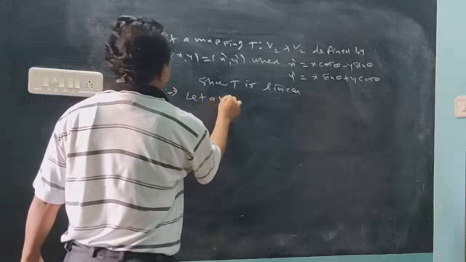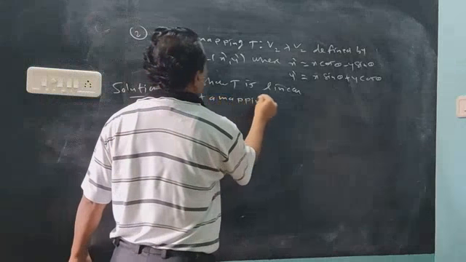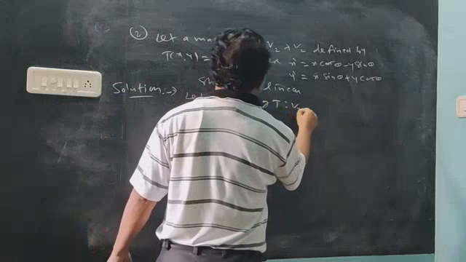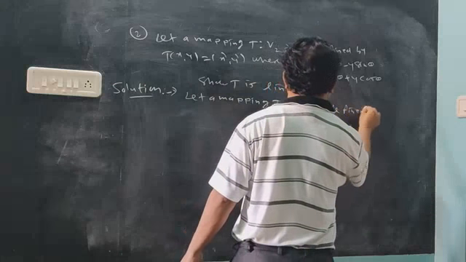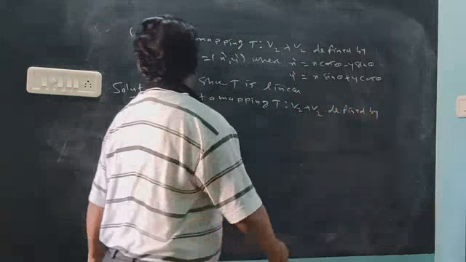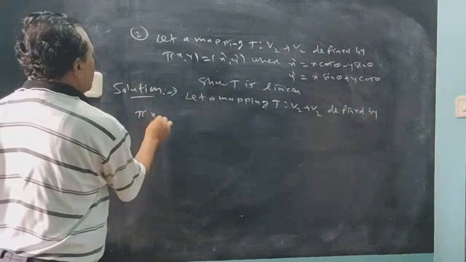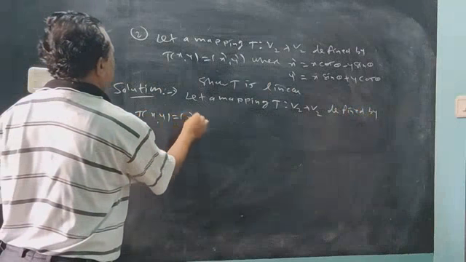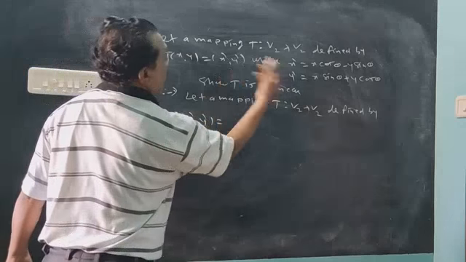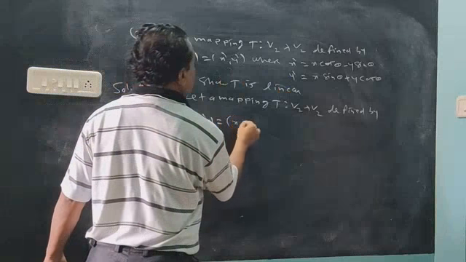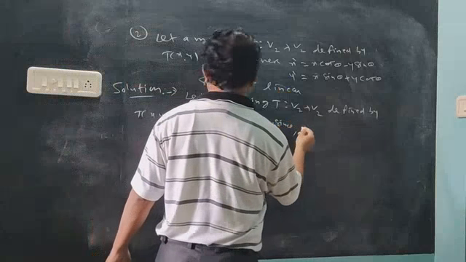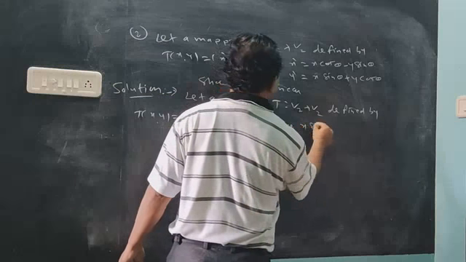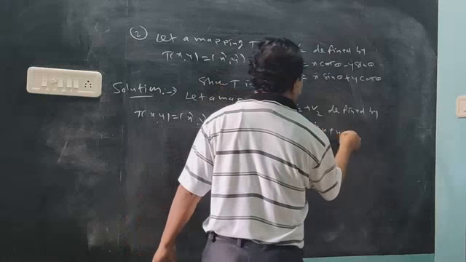So let a mapping T from V2 to V2 be defined in this manner. T of (x, y) is (x', y'), where x' is x cos theta minus y sin theta, and y' is x sin theta plus y cos theta.